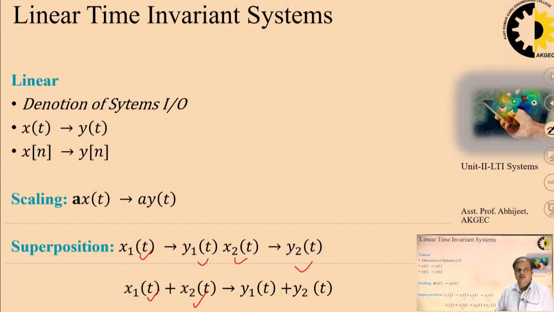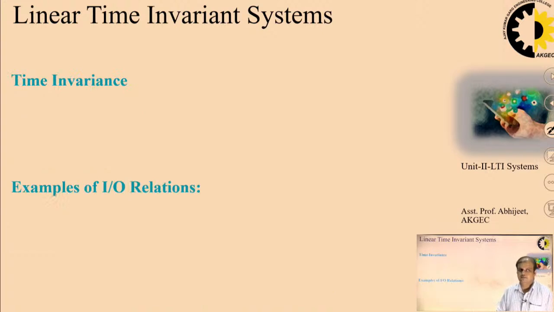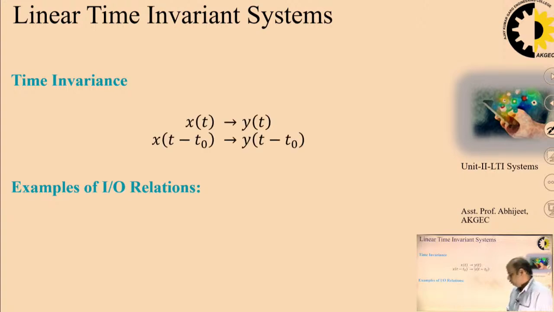Secondly, for an LTI system, the time invariance part. By time invariance we mean that the system is invariant to shift at the input, which means to say that if x(t) produces y(t), then the shift at the input produces the same shift at the output.